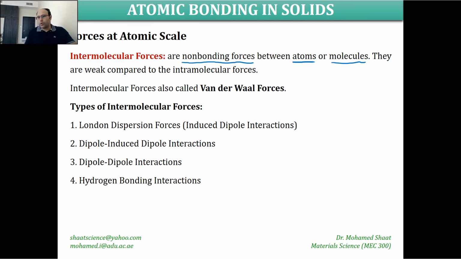These are non-bonding forces. But over the previous video, we discussed the bonding forces like ionic, covalent, and metallic forces. The tendency of those forces is to collect, to form a material. So that's why they are very strong forces. They are commonly known as the bonding forces. But this type of force is a non-bonding force. This is what we are going to discuss over this video.